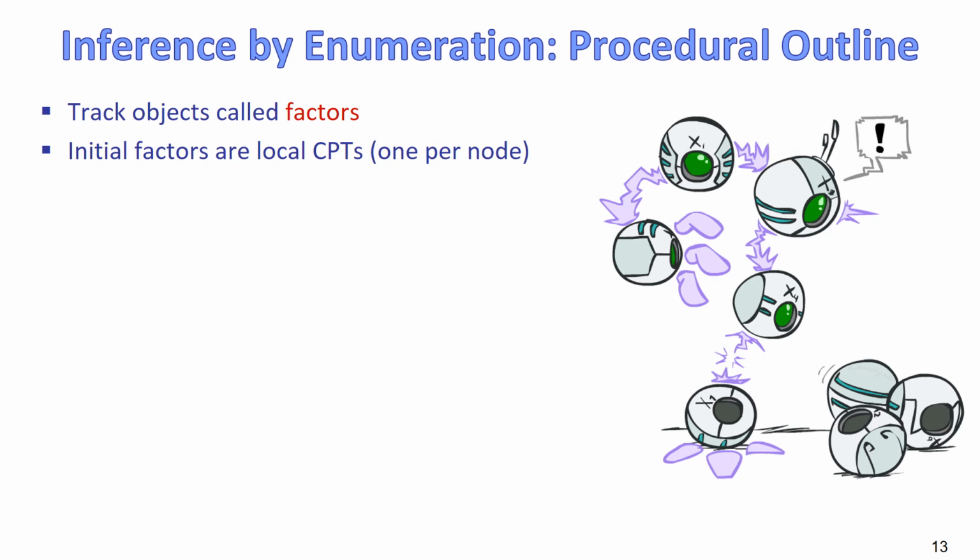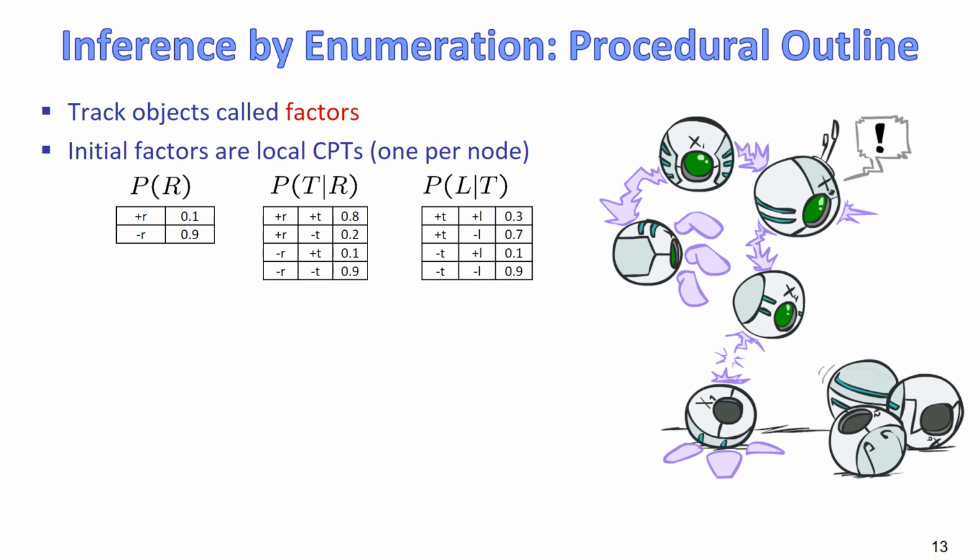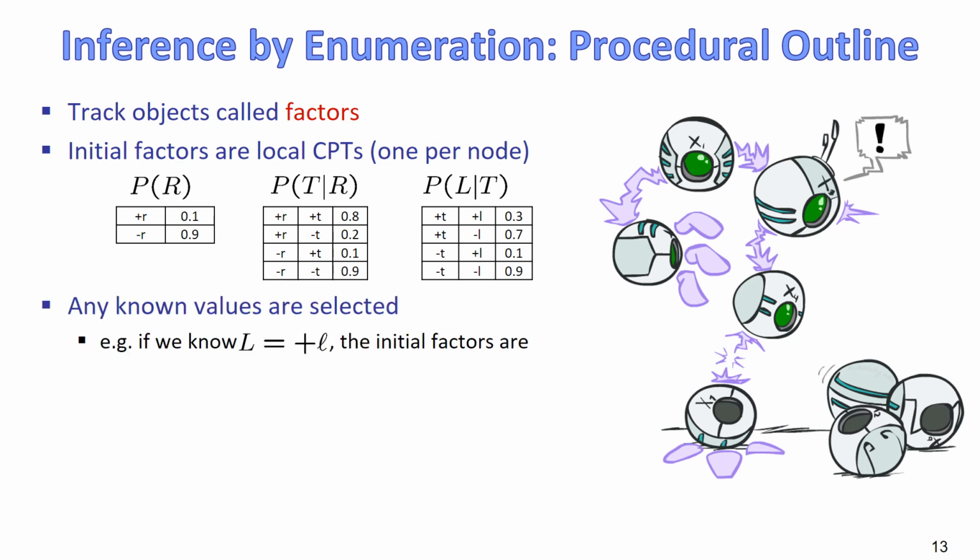So we'll track objects called factors, as we discussed last time, and the initial factors, as I just mentioned, will be the local CPTs, 1 per node. So if we are talking about our previous example, we'll start with P of R, P of T given R, and P of L given T. And if I have any evidence, then I will select from these CPTs the rows that match this evidence.